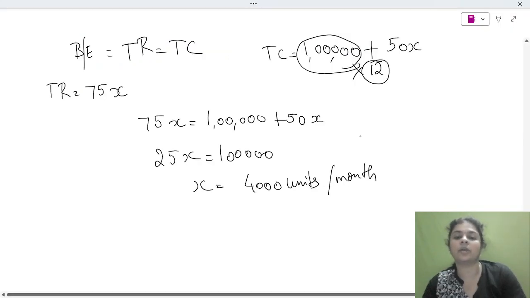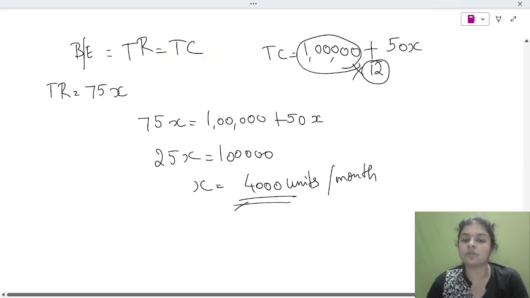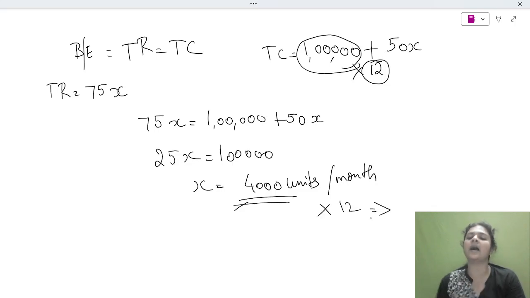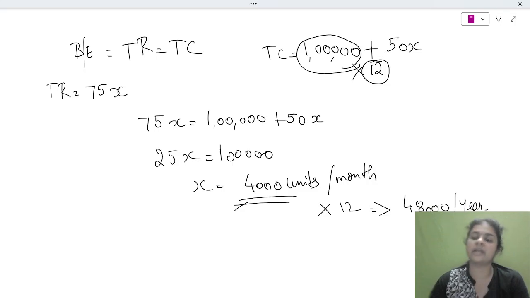Or you can also, after finding 4,000 units per month, multiply by 12 to get 48,000 per year. Once you find the number of units a month, you can just multiply by 12 to find the total number of units for the year.